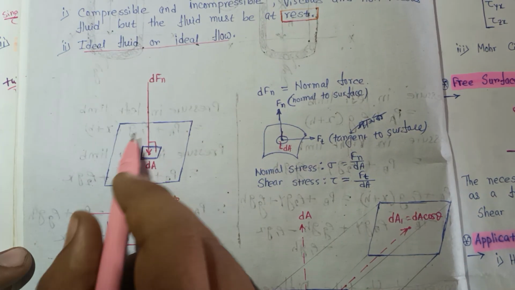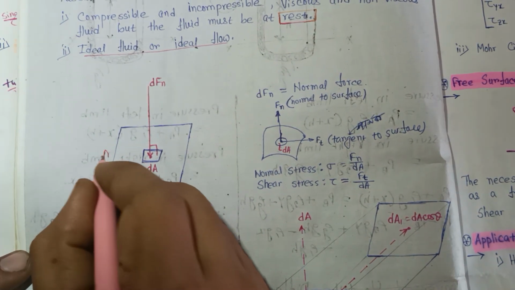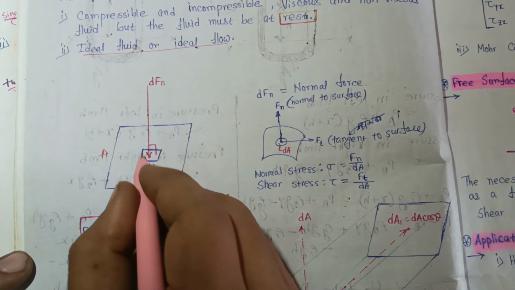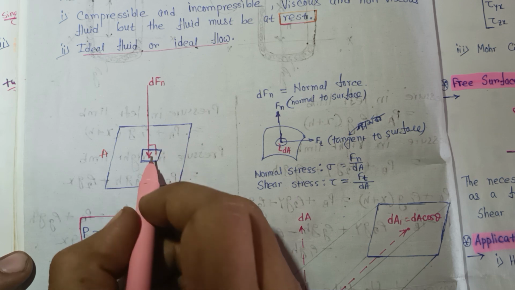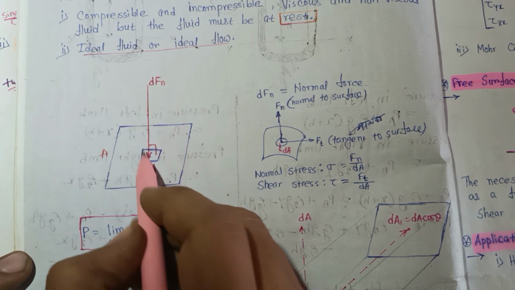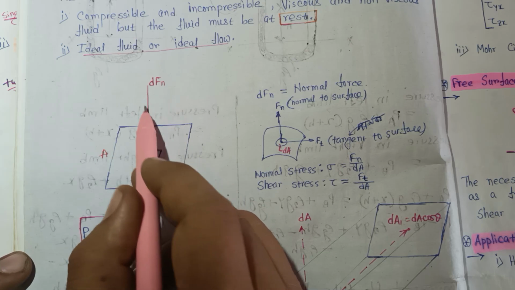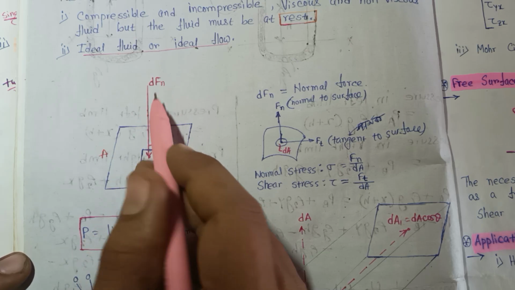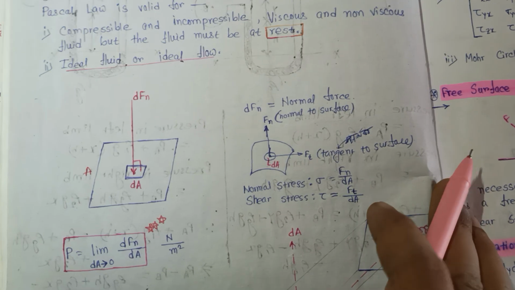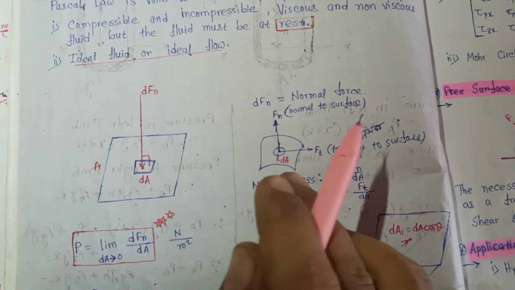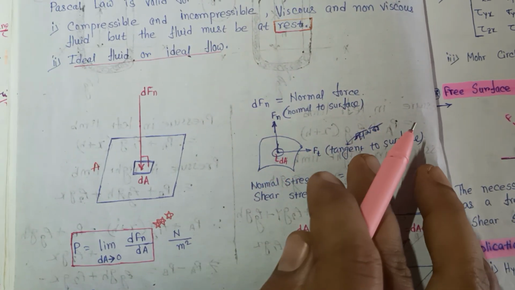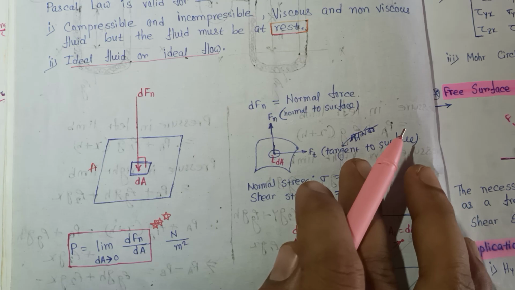Suppose there is an area A, and consider a small elemental area dA, and force is acting normal to the surface, dFn. So this is the normal force. The definition of pressure is the normal force exerted per unit area in the fluid.